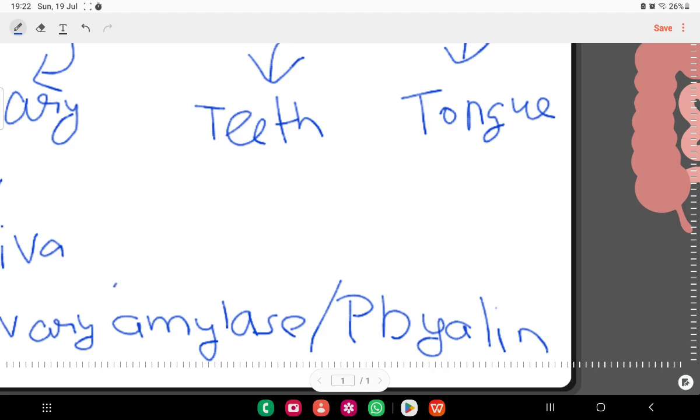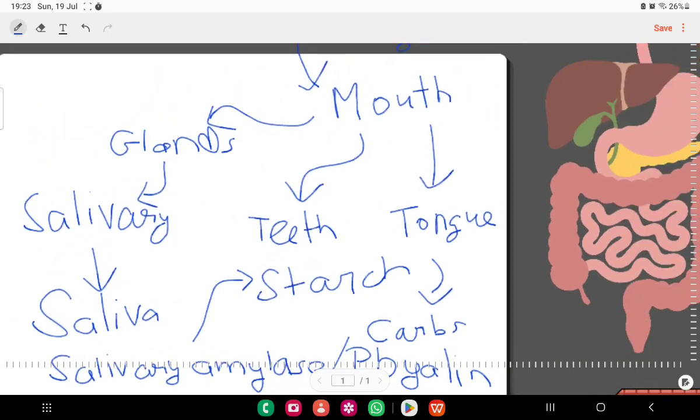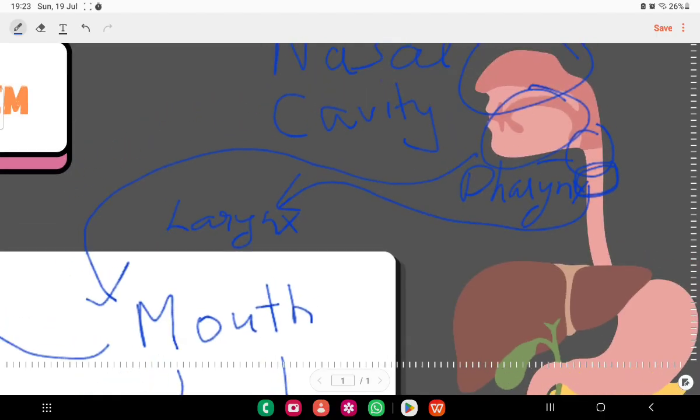And this breaks starch, the complex form of sugar, into carbohydrates or carbs. And they are located in this part of the mouth and below the tongue right here.